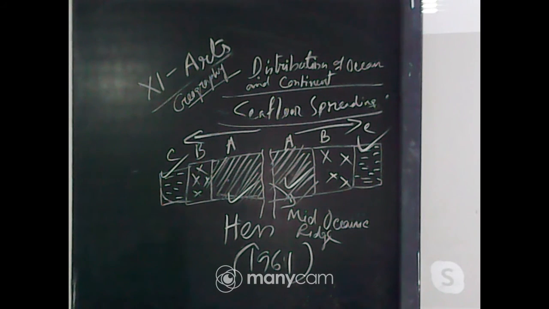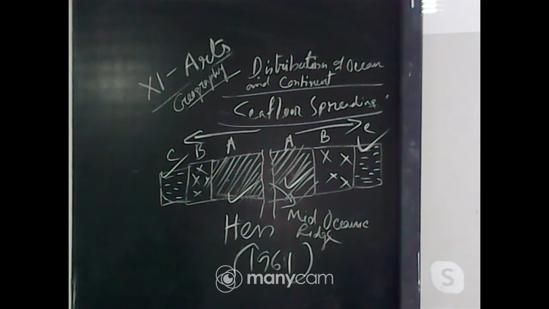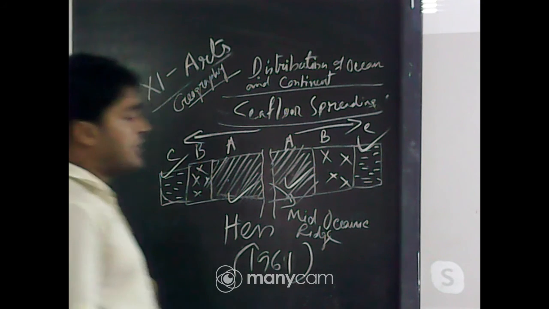The younger age of the oceanic crust, as well as the fact that the spreading of the ocean does not cause the shrinking of the other, made him think about the consumption of the oceanic crust. He further maintained that the ocean floor that gets pushed due to the volcanic eruption at the crest sinks down at the oceanic trench and gets consumed. So this is the seafloor spreading theory.